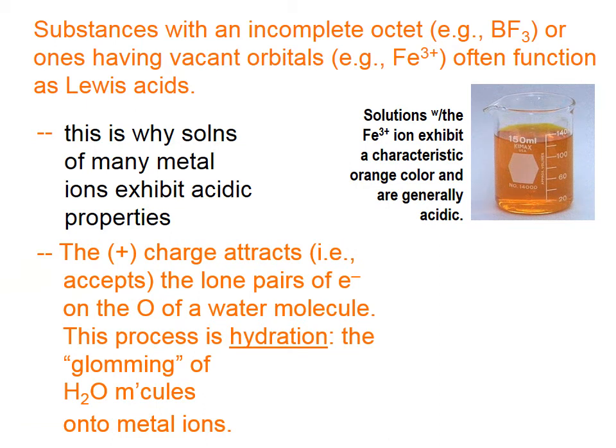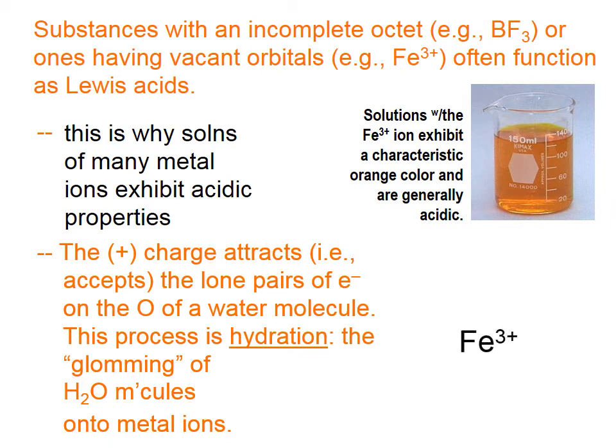The positive charge on the metal ion attracts or accepts the lone pairs of electrons on the oxygen of a water molecule. This process is hydration, which is the glomming of water molecules onto metal ions.